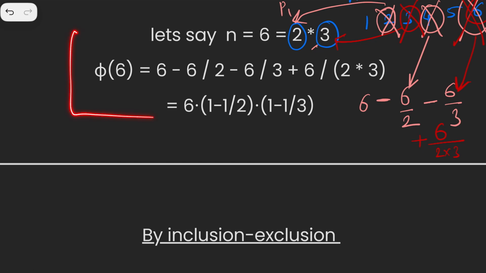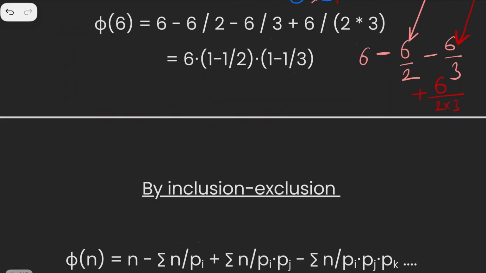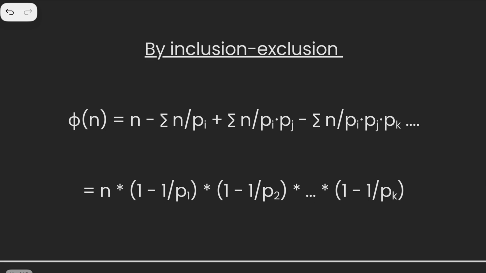So by extending the observation that we have here, we can prove the formula by using inclusion exclusion. So you have n, you remove all the numbers that are divisible by the prime factors of n. Then you need to add back all the numbers that got removed twice. Likewise, you take n common from this, and the remaining thing is something like 1 minus 1 by pi plus 1 by pi into pj, summation everywhere.